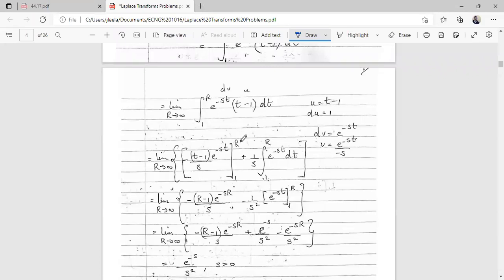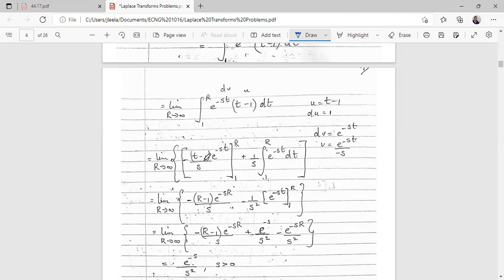Now you apply the limits here. Well, you replace t by r here, right? So that you'll get r minus 1 e to the minus sr over s. And then you put in 1, the lower limit, right? So you get e to the minus s. But when you put 1 here, that will be 1 minus 1 is 0. So 0 by anything is 0.